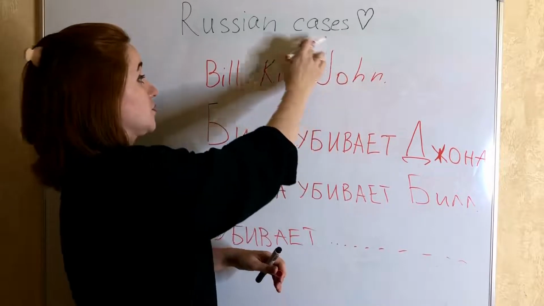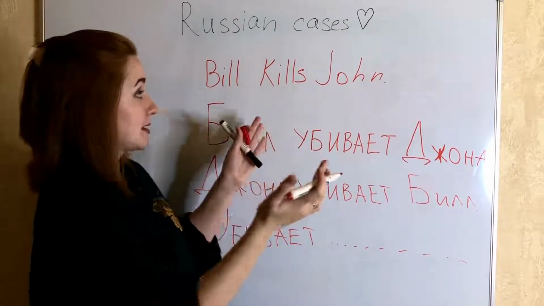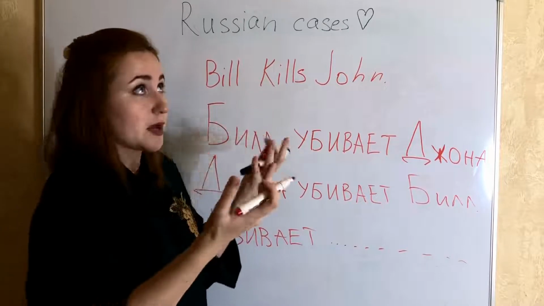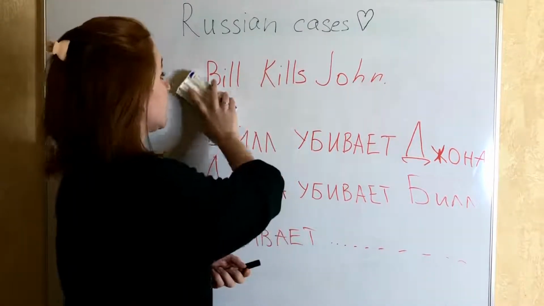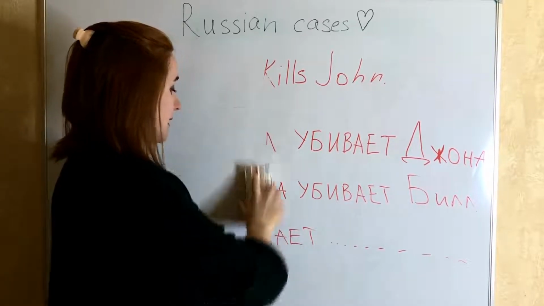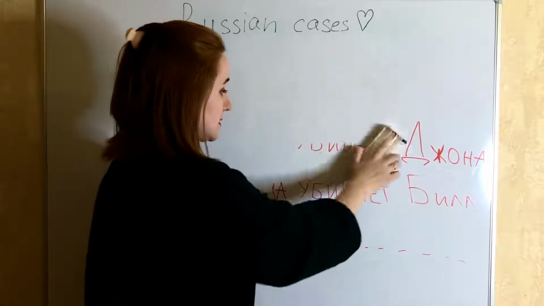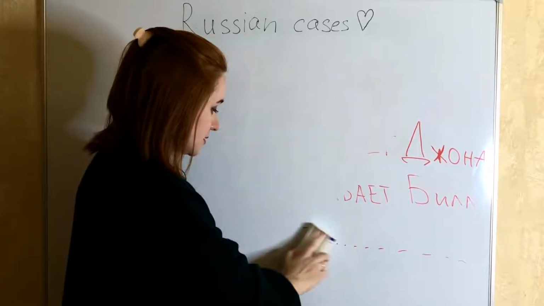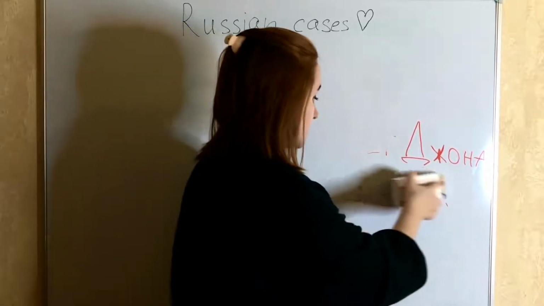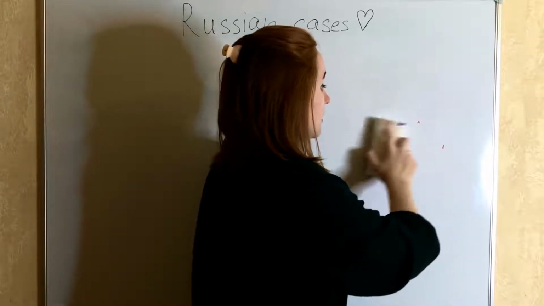If you put John kills Bill, you lose the meaning completely. It becomes the opposite. And in Russian, no matter where you put those words, now you will know the meaning of the sentence. So I hope you understand this difference between Russian and English.